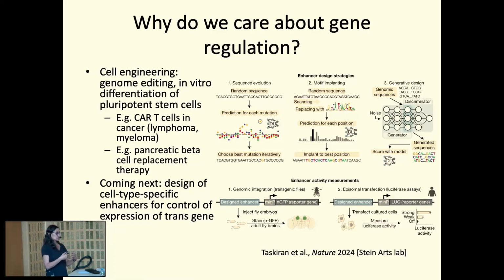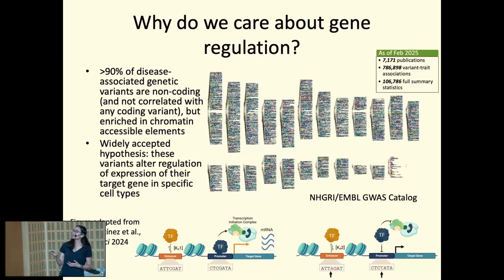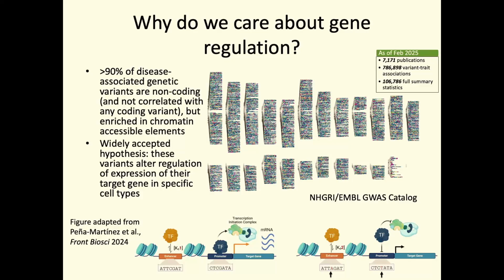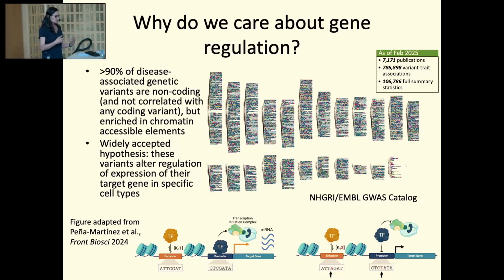designing enhancers. Okay, another motivation that a lot of people use is trying to functionalize, understand disease-associated genetic variation. Okay, so I don't know if you've seen these plots before.